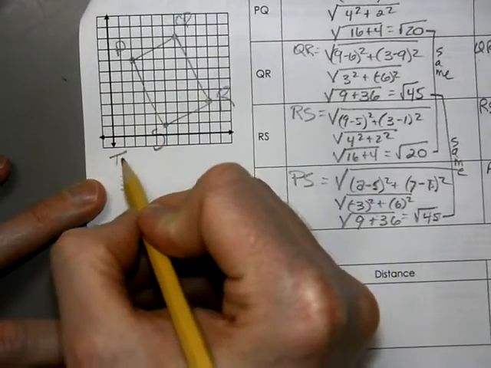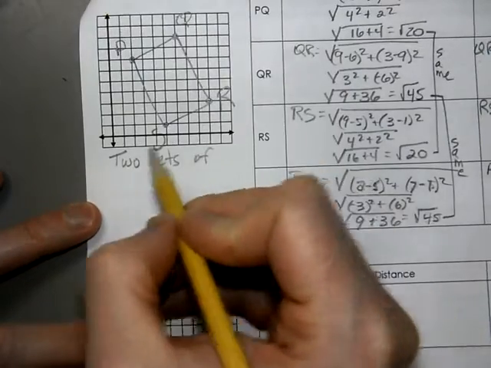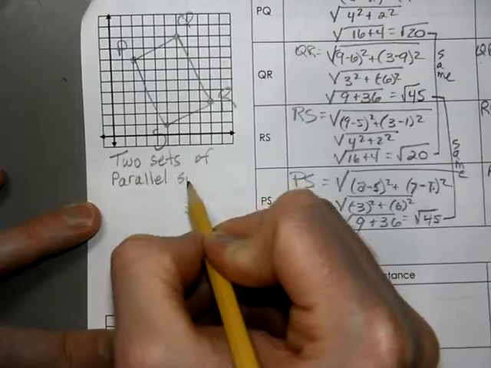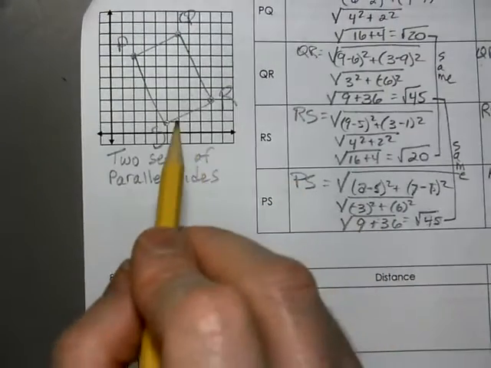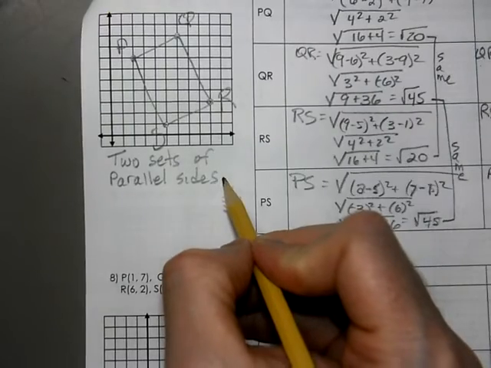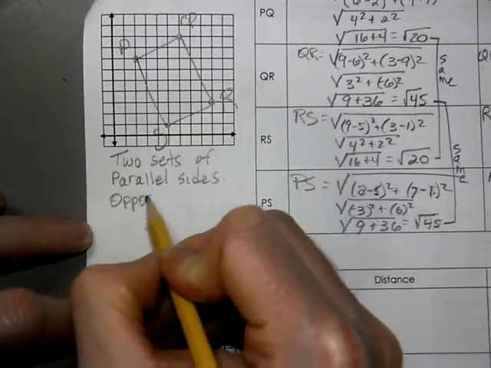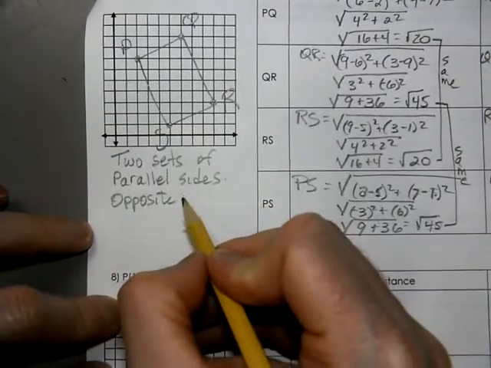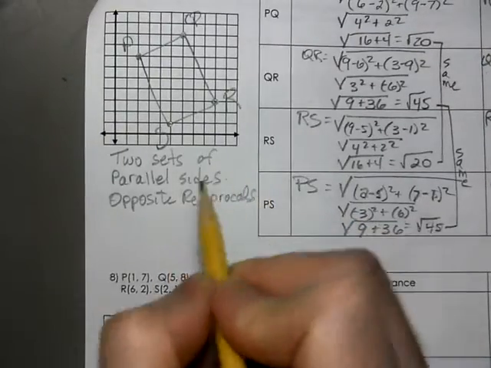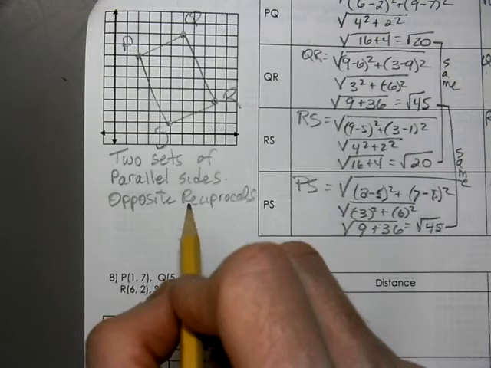We have two sets of parallel sides. We have a 1/2 that match and negative 2 that match. We have opposite reciprocals. So we know that we have right angles.